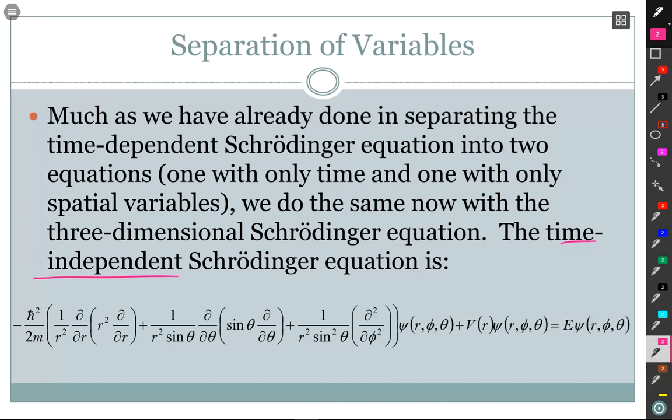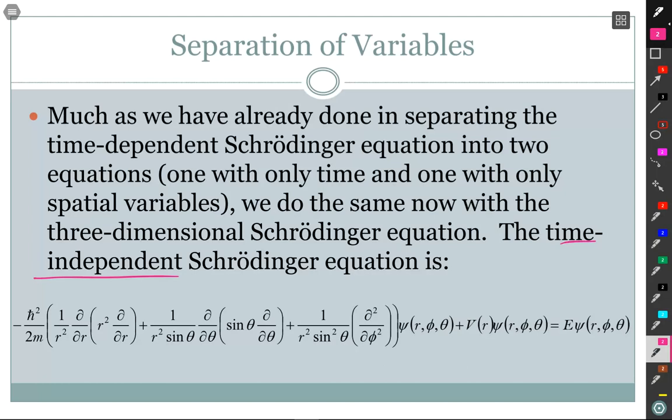Well, that's true. We said that our wave function is going to be a product of a function with time and a function with position. And furthermore, we said that could only be true if the potential energy function was only a function of position. If it was a function of time, we couldn't do that separation.